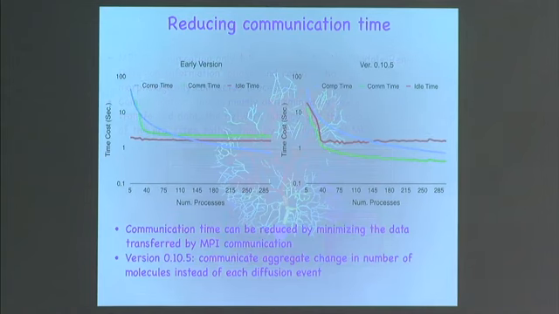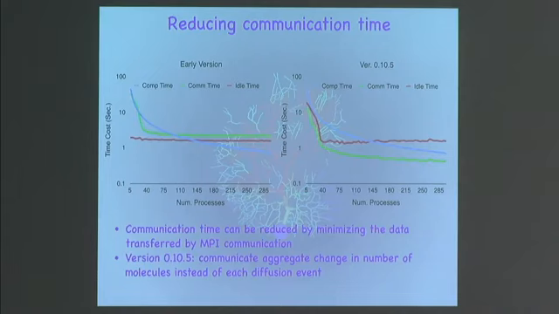But then there are additionally small things you can do. Initially we naively communicated all of these diffusion events, and now we aggregate that information much more so that the amount of information we need to communicate is much smaller, and that led to a serious drop in communication time.